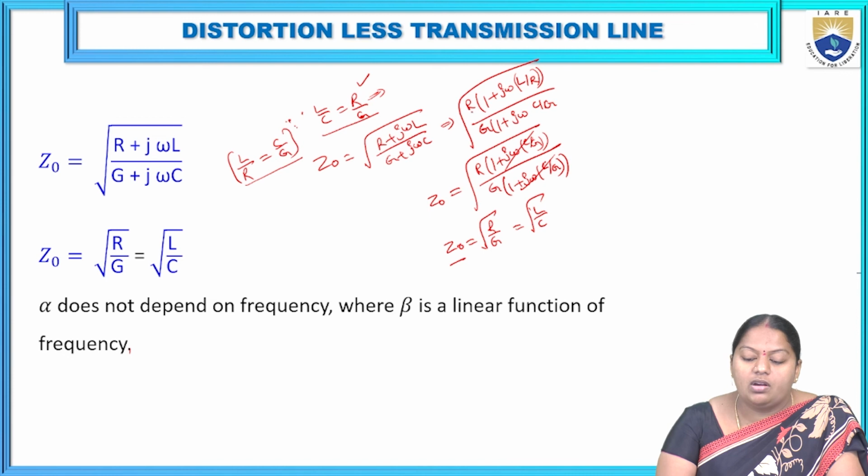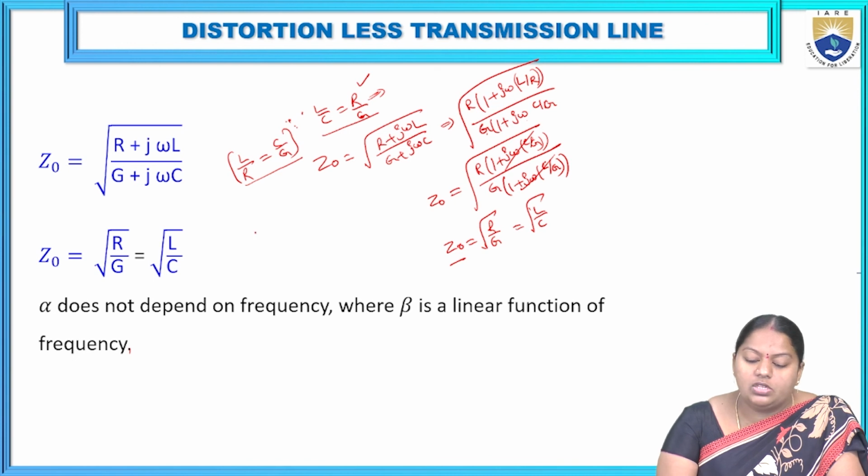In the numerator, if you take R as common, it is 1 plus j omega into L by R, and in the denominator, if you take G as common, it is 1 plus j omega into C by G. According to the distortionless condition, L by R equal to C by G, then 1 plus j omega into C by G is common between numerator and denominator. So both get cancelled, and root of R by G is left out.